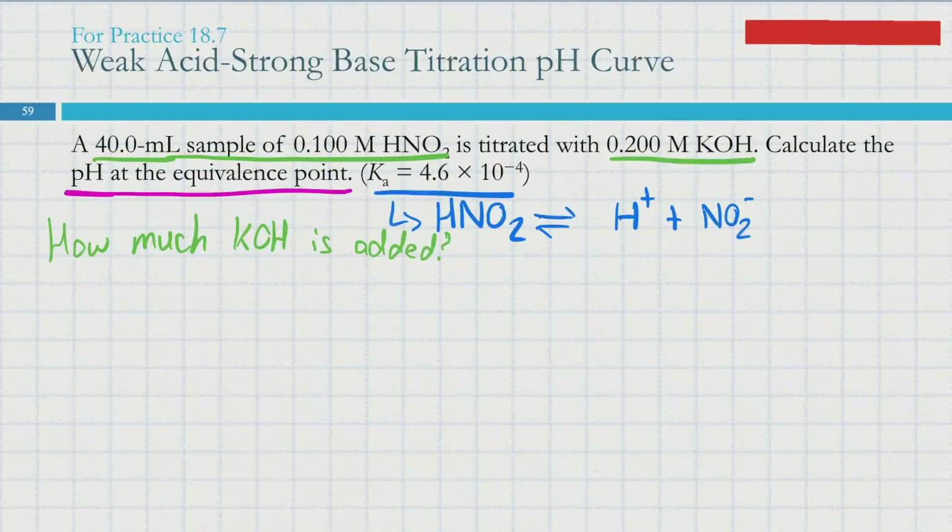To figure that out, we have a monoprotic acid and a monobasic base. So those are going to combine in a 1-to-1 ratio, so we don't have to worry about our stoichiometry. We just need an equal number of moles of acid and base.